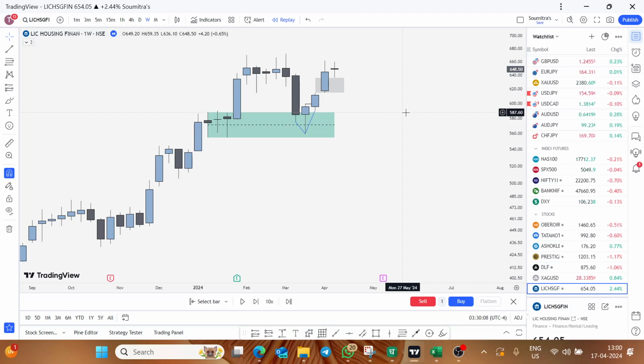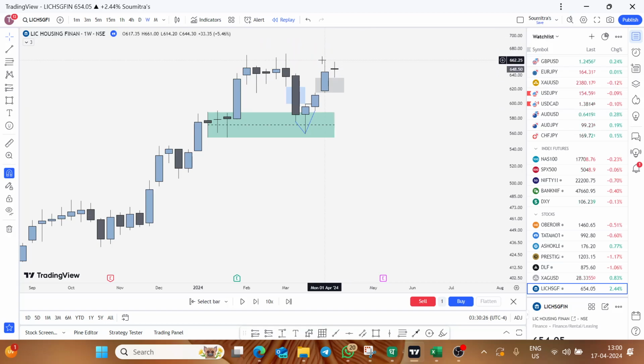But bullish up to what? Up to the next draw on liquidity. We had an internal range liquidity here, which is this bearish fair value gap. But actually we are here, in the previous week.